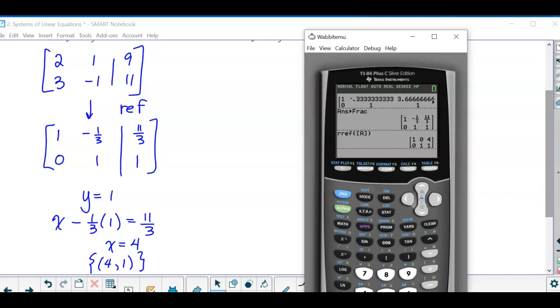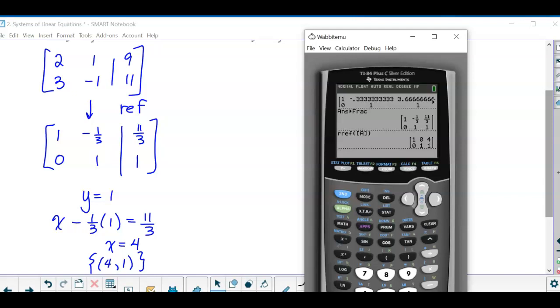So here the diagonals are 1 of the square matrix that's got the variables. And then the opposite diagonals are 0, right? So that is the fastest way to get your solution, is RREF. So you put RREF and then put your matrix there.